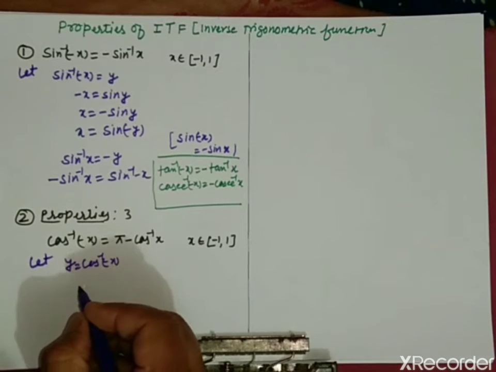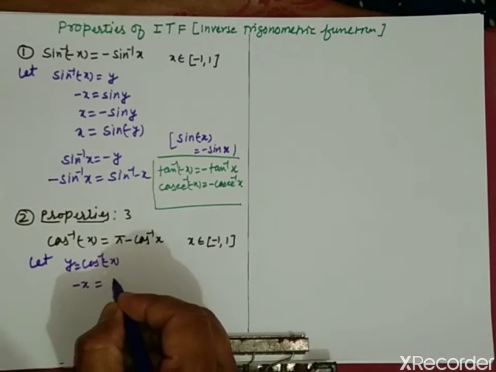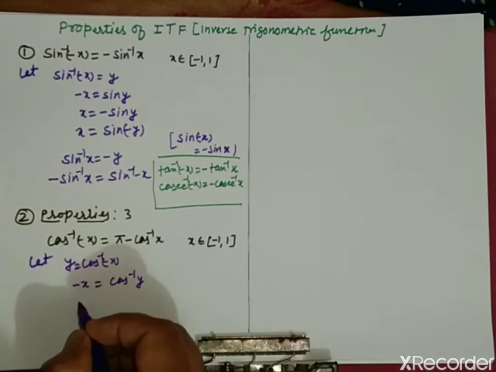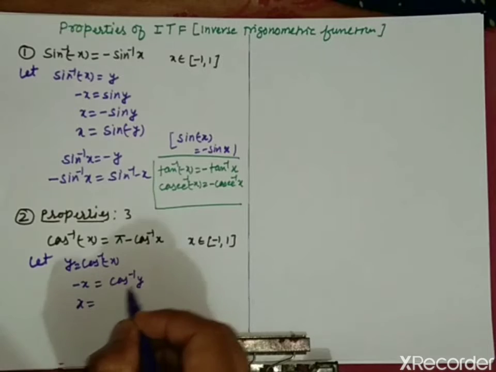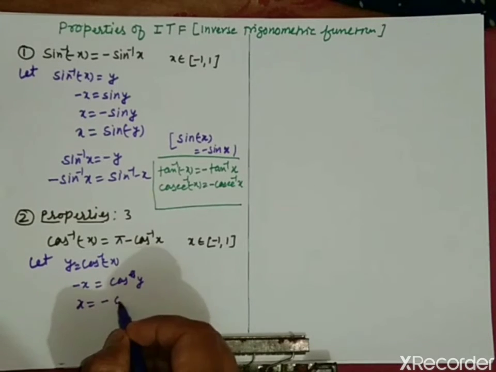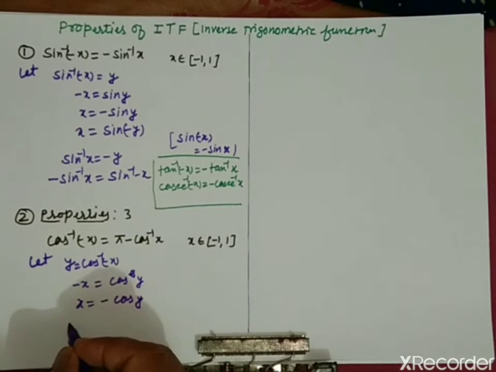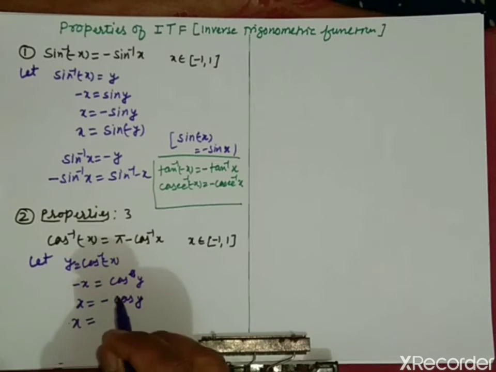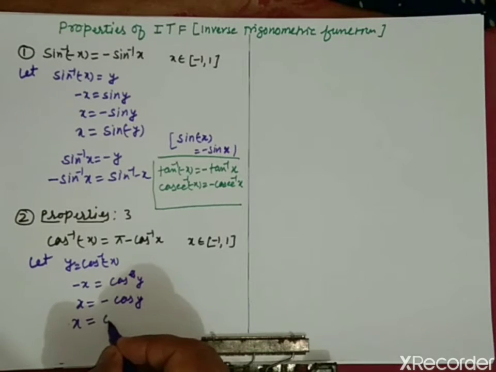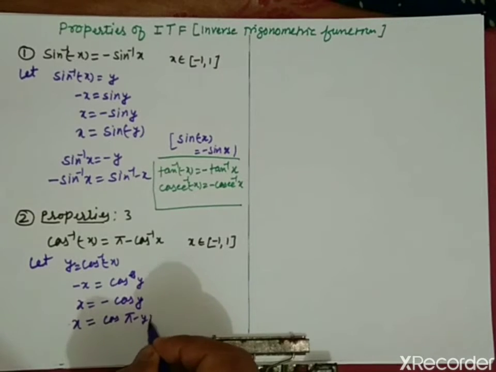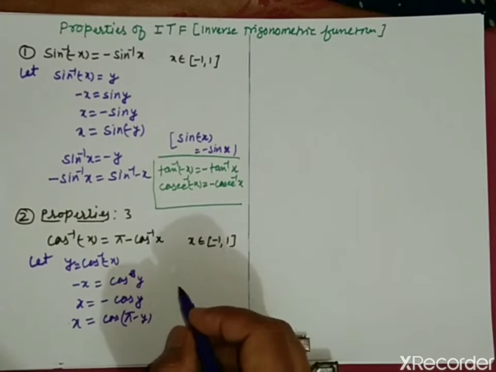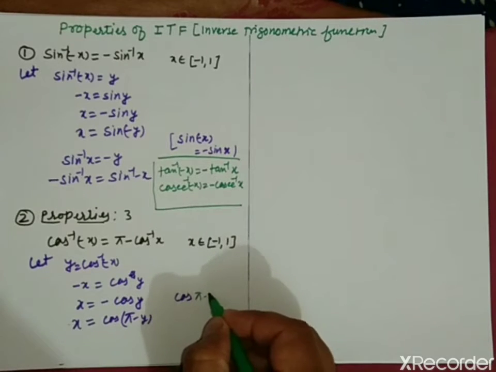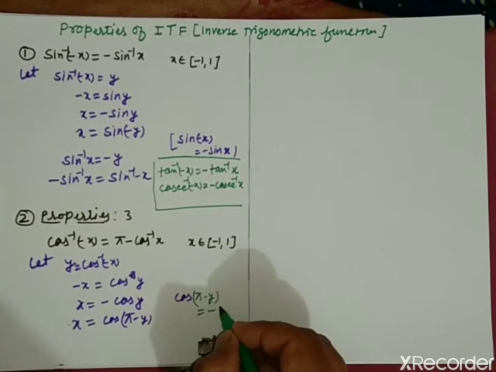Okay, so we can write it as minus x is equal to cos y, it can be written as x is equal to minus cos y, and x can be written in the form of cos pi minus y, and the reason is that cos pi minus y is equal to minus cos y.